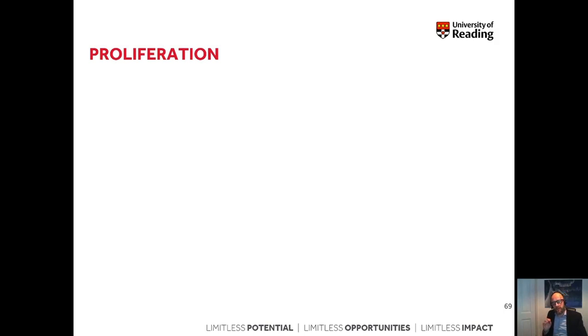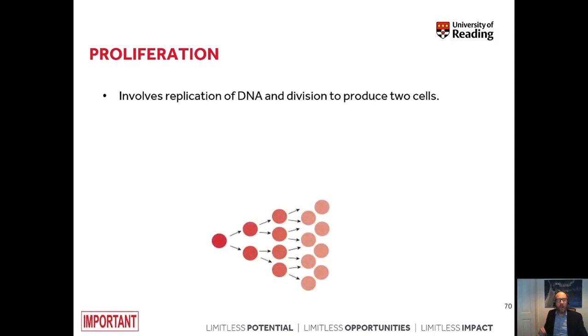So the next process involved in cell division is cell proliferation. It always involves replication of the DNA and also division to produce two daughter cells, and this is something we had a closer look at in our lecture dealing with mitosis and meiosis. Proliferation usually follows on from the cell growth phase, and this makes perfect sense, because both daughter cells must be identical.